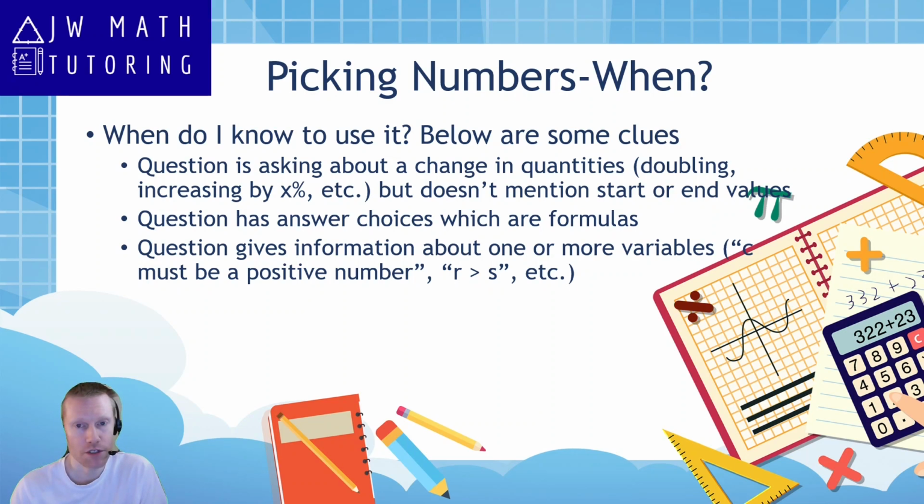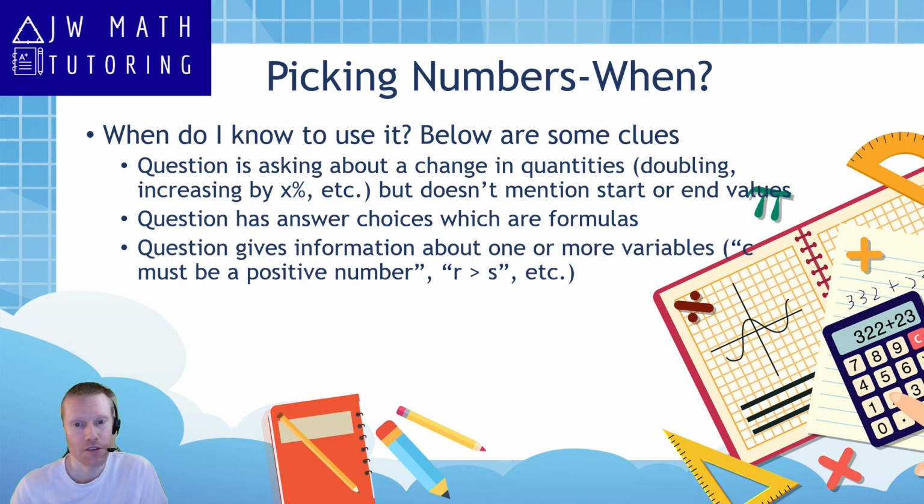Another common situation when picking numbers is a good strategy is when you see questions that have answer choices which are formulas. So the answer choices are all things with either one letter or possibly more than one letter in them. And it could be equations or it could just be expressions. Another possible scenario is when the question gives information about one or more variables.